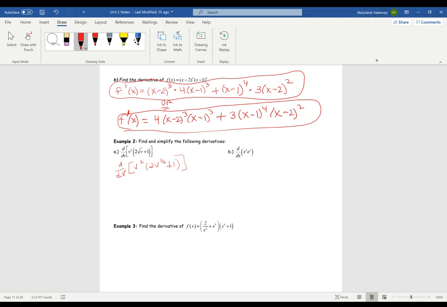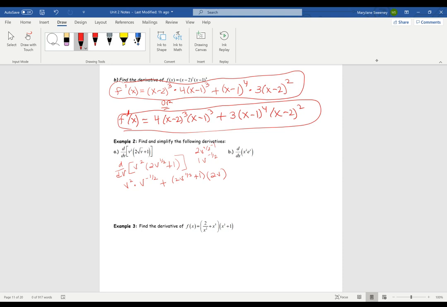When I do the derivative, it would be first times the derivative of the second, which is v to the negative 1/2. If we have 2v to the 1/2, half of 2 is 1, subtract 1, that's negative 1/2. The plus 1, the derivative of that is 0, plus the second, which is 2v to the 1/2 plus 1, times the derivative of the first, which is 2v.